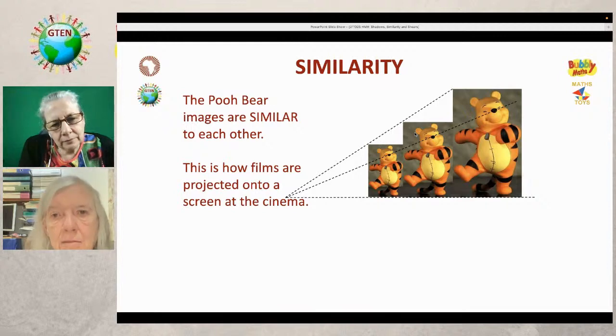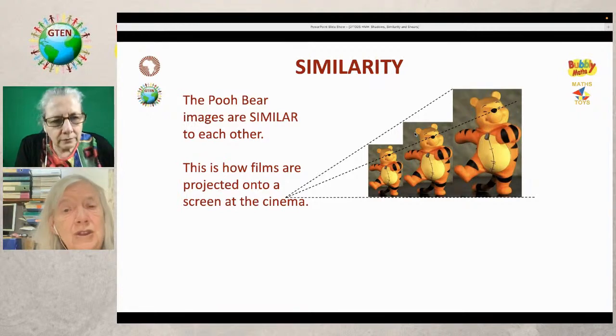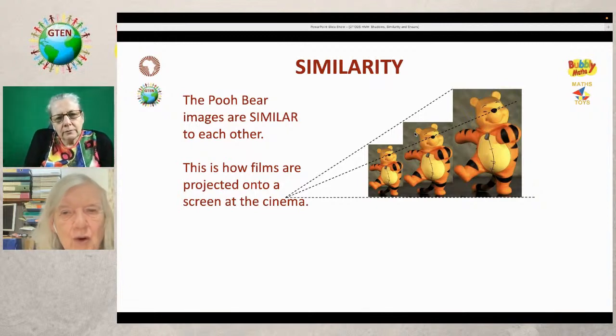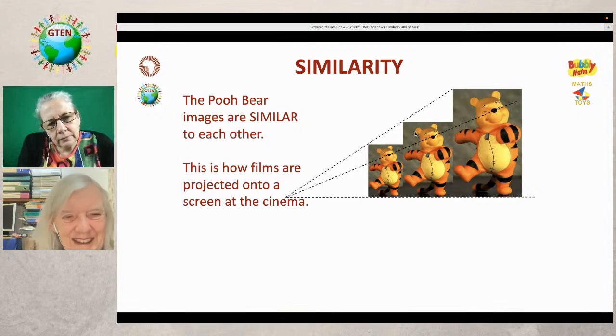So the same point, if you look at Pooh Bear's nose, and the light source is just above the E in cinema there, you've got to imagine that those dotted lines show you some rays of light, which is giving you that projection, or rather 3 projected images of Pooh Bear.